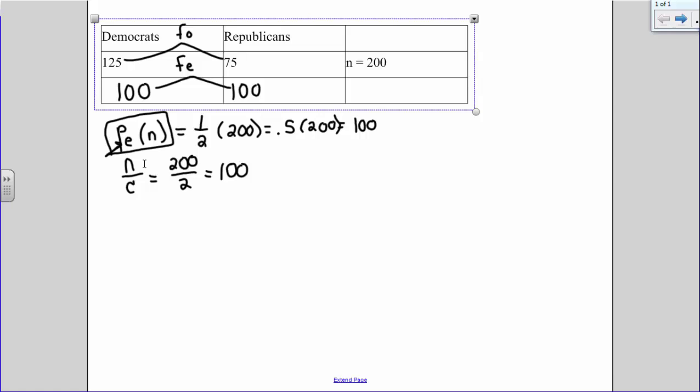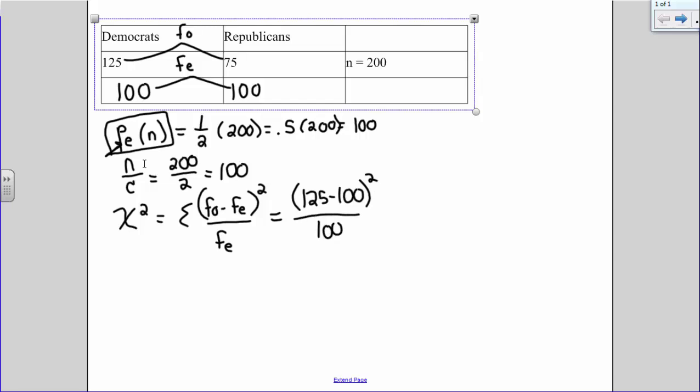Okay, so now we need to do our chi-square calculation based on our observed and expected frequencies. Chi-square is equal to the sum of each observed frequency minus the relative expected frequency, squared, divided by the expected frequency. So, for our first group, our Democrats, the observed frequency was 125. We expected 100.